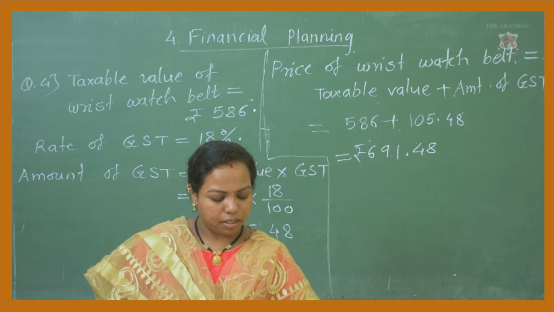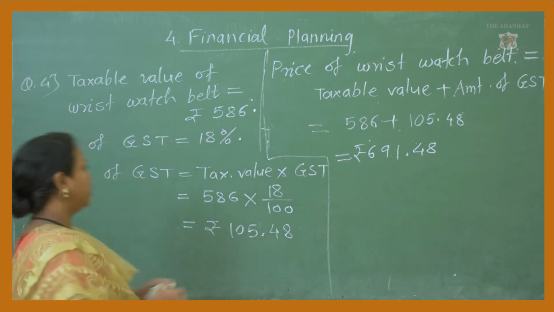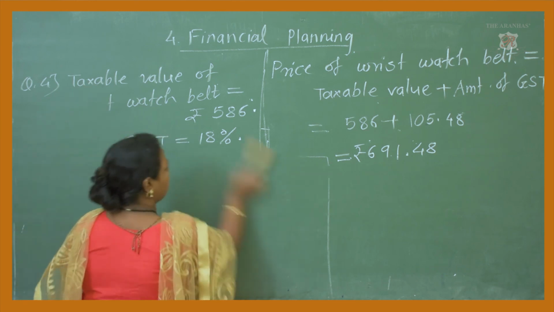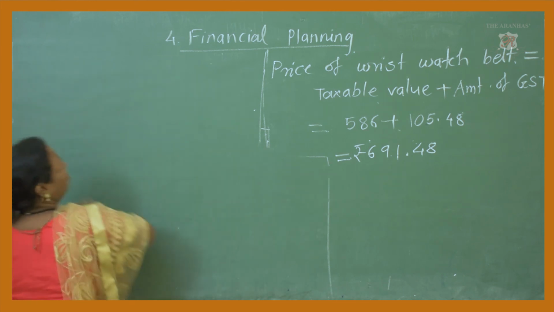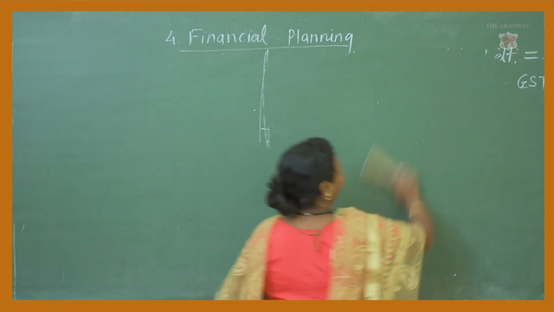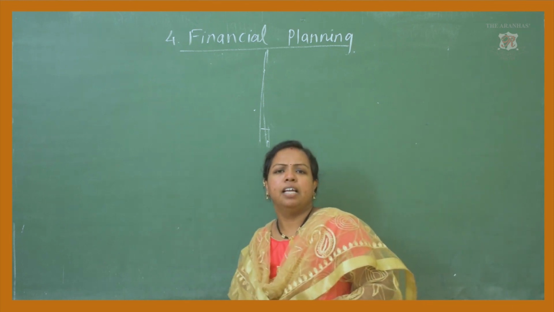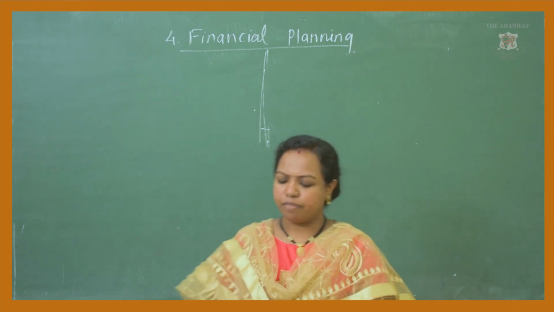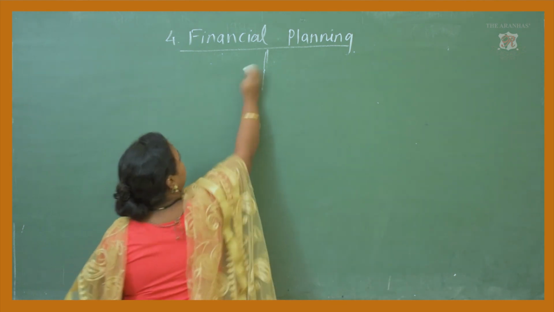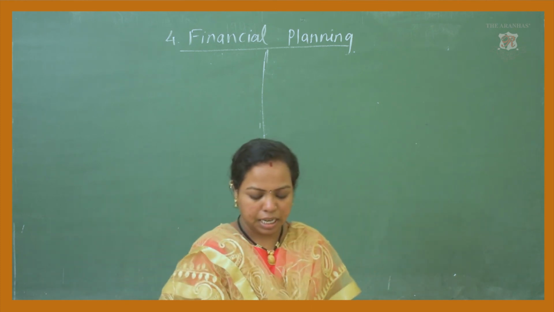Now, we are going to see a fifth example. See how to solve that fifth one. In that example also, you can see different types, so you can understand the GST value more easily, and how to calculate GST will become easier for you. Now see, what is the fifth question?